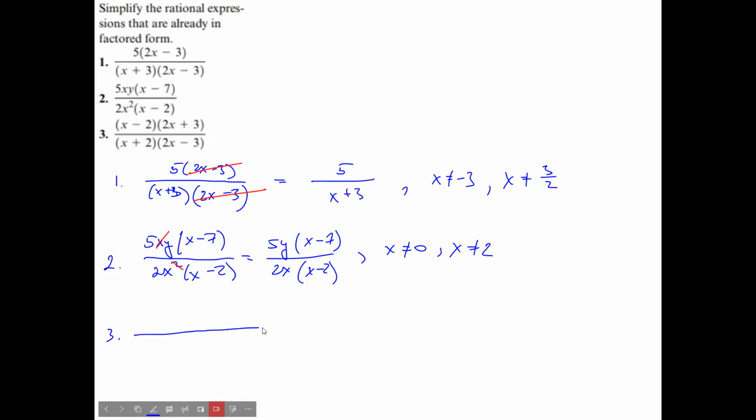Third one. Well, there is nothing to simplify here. So x is not minus 2 and x is not 3. That's it. Any questions so far?